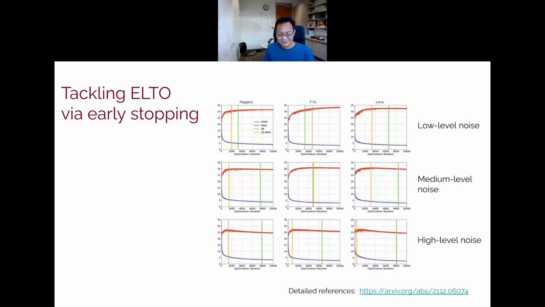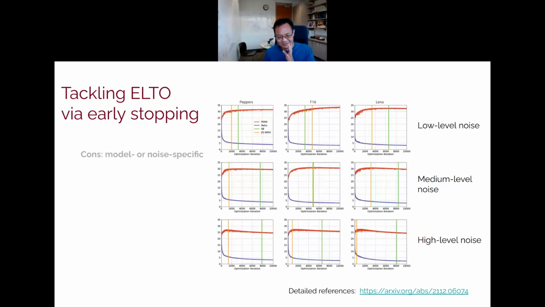That means we need to know the ground truth to see the curves, but practically we don't have access to a ground truth, right? If we have access to a ground truth, then the problem is already solved. Why would we want to do that? So practically we don't have access to that kind of curves. But you still want to do early stopping. You want to stop roughly around the peak performance point.